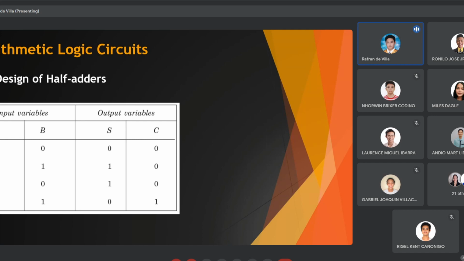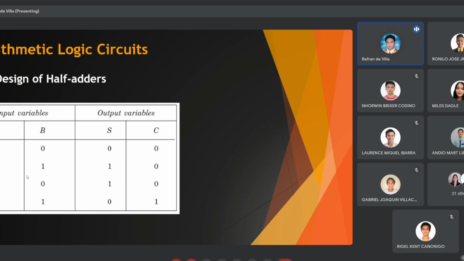As we can see in the input variables, 0 plus 0: the sum is 0, the carry is 0. 0 plus 1, for A and B, the sum is 1 and the carry is 0. The same is true when you add 1 plus 0: 1 for the sum and 0 for the carry. When you add 1 plus 1, the sum is 0 and the carry is 1.